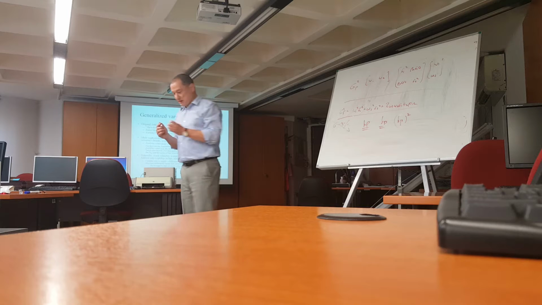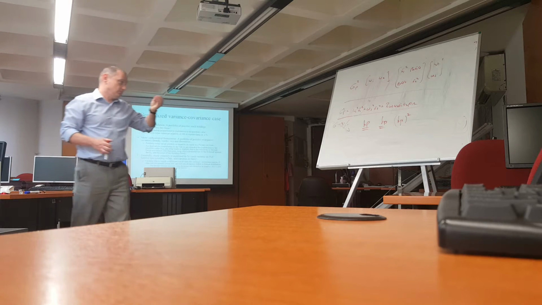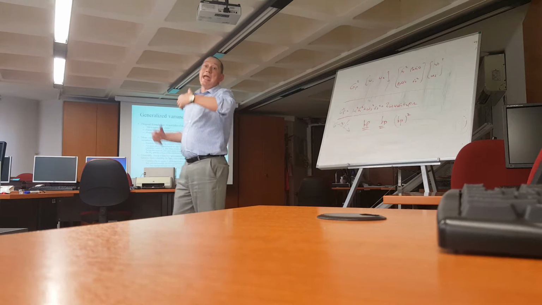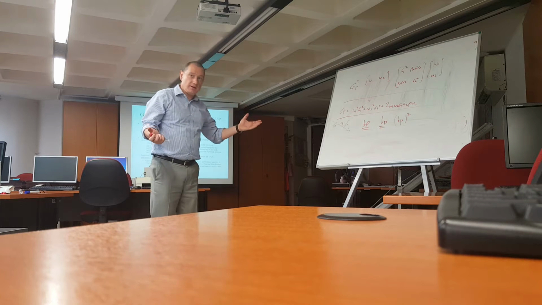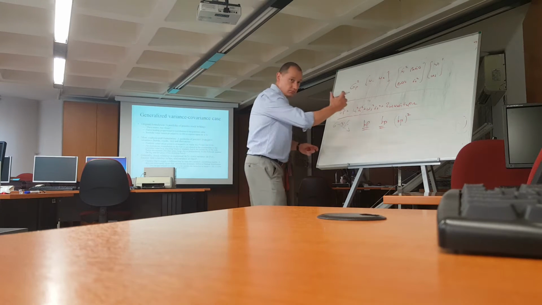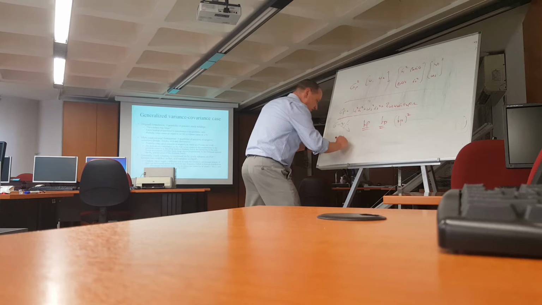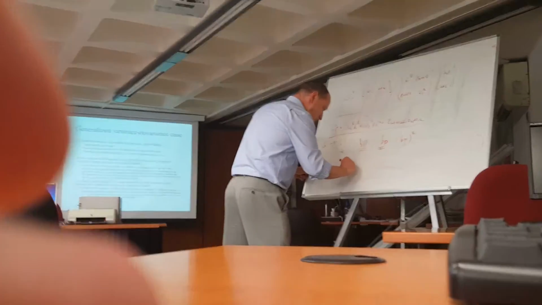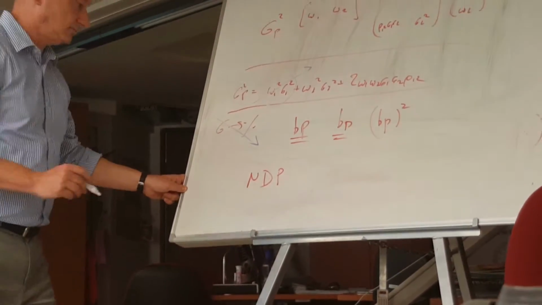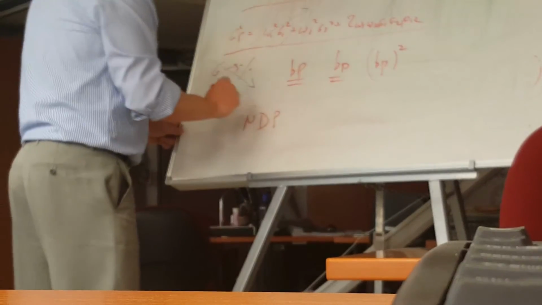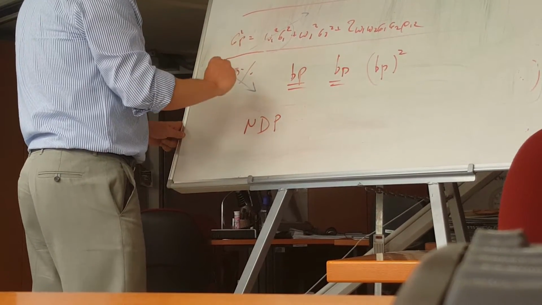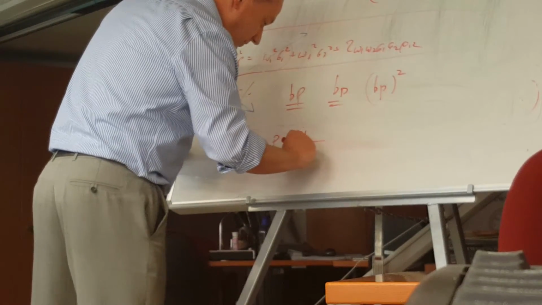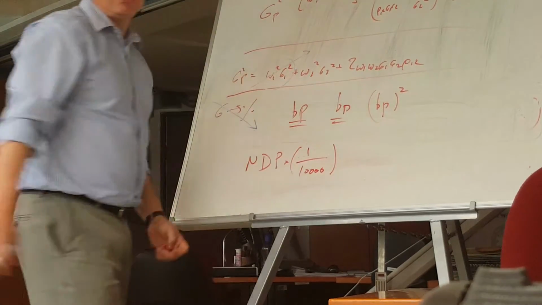Okay? Then, the natural way to produce the factor loadings for bonds and swaps would be what we just saw a couple of slides before. It would be to have the notional amount, the duration, the price, and the factor 1 over 10,000.